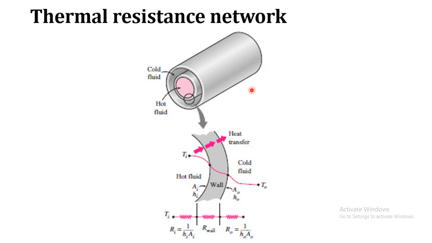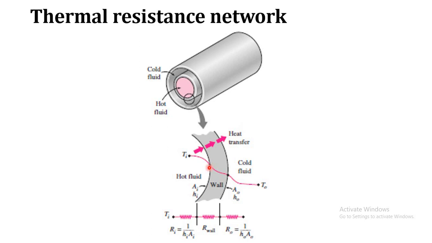If we take the same example of a tube-in-tube heat exchanger, with the hot fluid passing through the inner tube and the cold fluid passing through the annular spacing, heat is transferred from the inner side of the inner tube to the outer side in the radial direction.